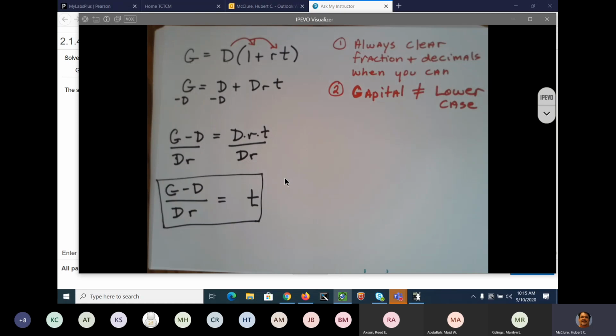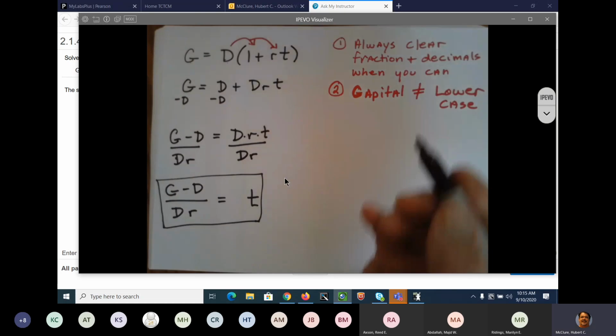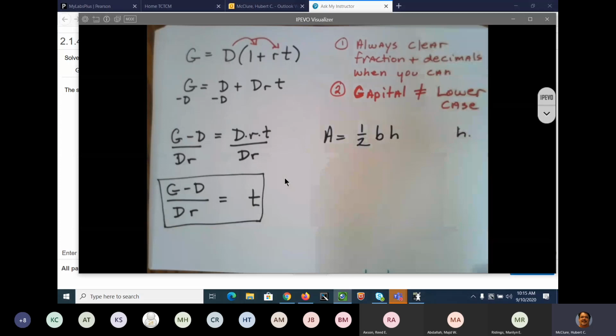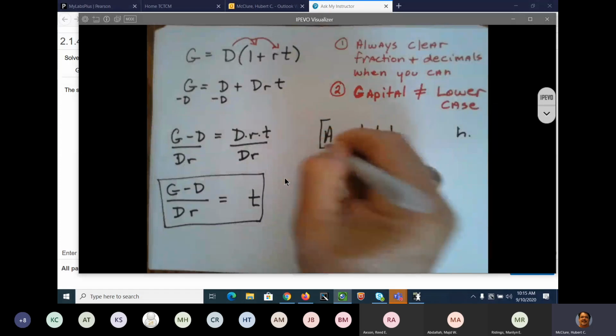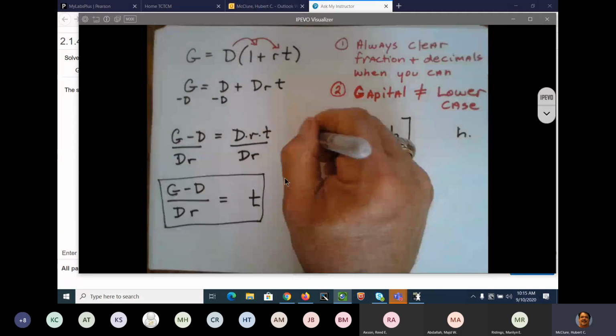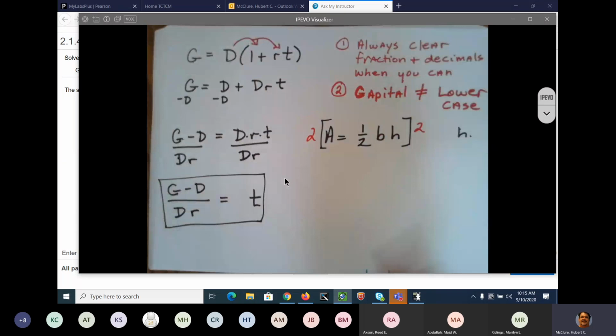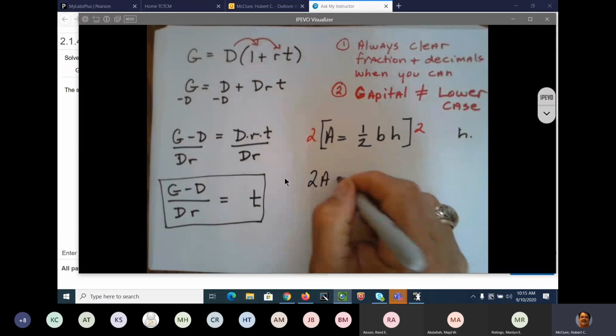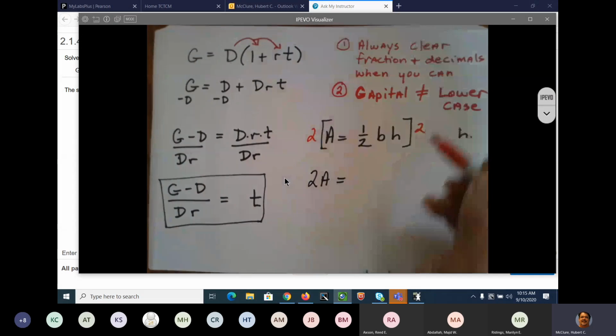Now, what if you had this? A is equal to 1/2 base times height, and you want to solve for h. Well, the first thing you do is multiply both sides by 2. Why? Because that's the common denominator of 1/2. So I'm going to multiply both sides by 2, and that's going to give me 2A is equal to, well, that 2 and that 1/2 cancel.